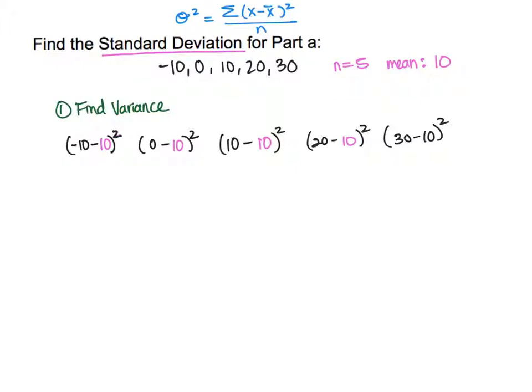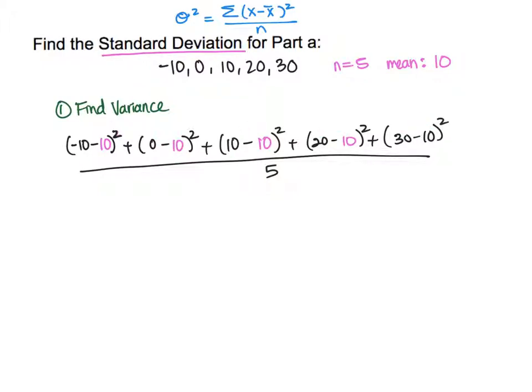And because we have a summation to the side of this here, we are adding up each of these terms. So I need plus signs in between. And then I would divide it by the number of terms I have. Well, the number of terms I have is 5. And so from there, I'm going to just try to simplify this. So to simplify, I'm just going to first start with simplifying the inside of each parentheses by subtracting the numbers.